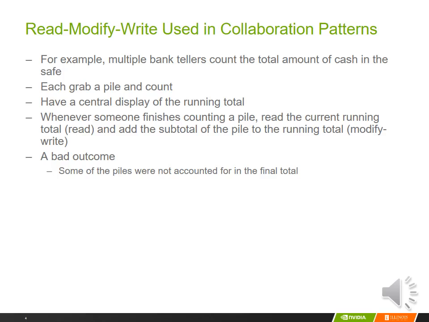Whenever someone finishes counting a pile, the person can read the current running total, which is a read operation, and add the subtotal of the pile into the running total, which is modify and write. In this example, a bad outcome would be that some of the piles were not accounted for in the final total.